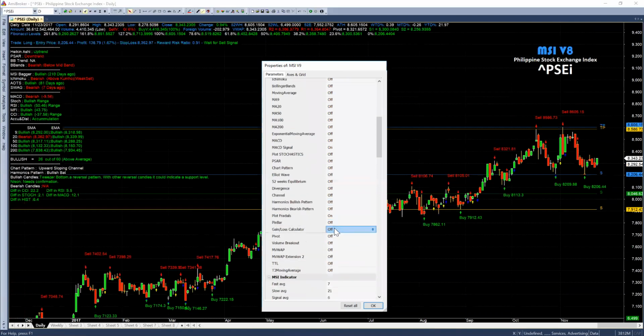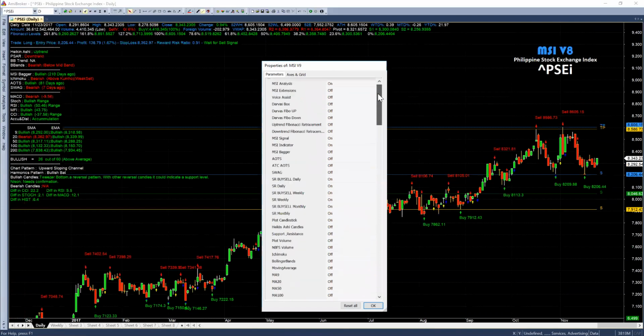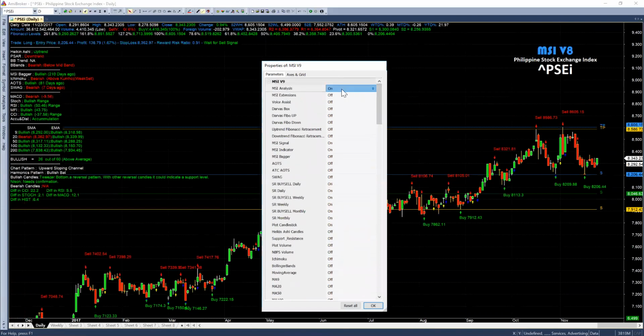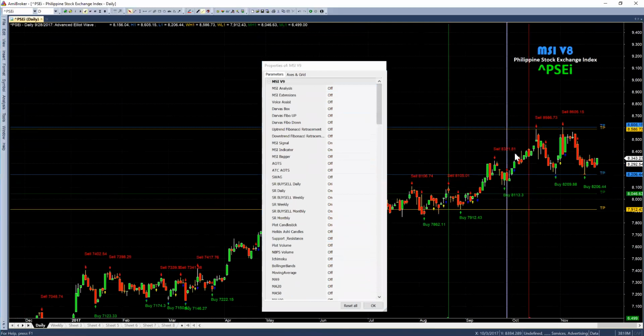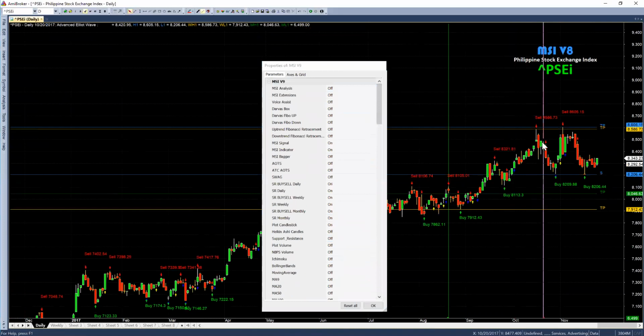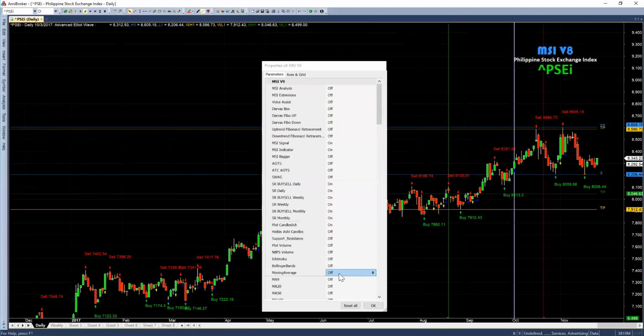Then we have the gain and loss calculator. So, gain and loss calculator. Basically, it's a calculator from one range to another.